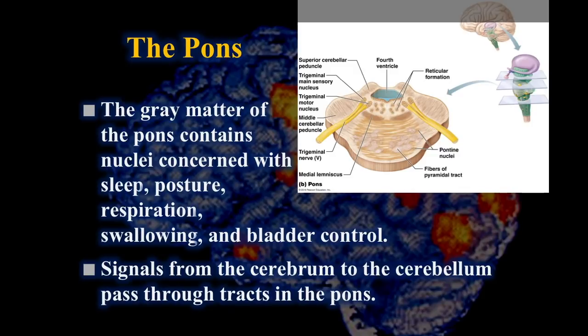All right, we are moving right along today. The pons is your next part. Pons means a bridge, so it's a connector. We have lots of gray matter there. It's going to contain nuclei concerned with sleep, posture, respiration, swallowing, and bladder control. See how we're getting to more autonomic things that you're not really thinking about? You don't usually think about posture. It's there.